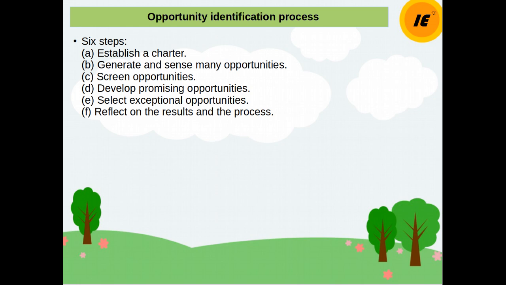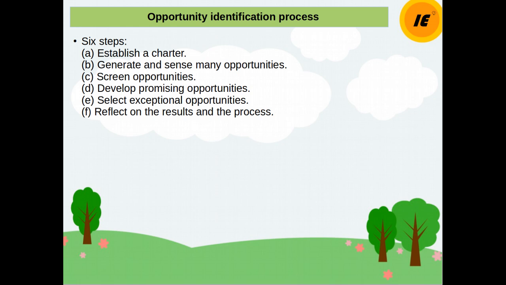There will be creative people who will have very interesting ideas, and those are always welcome, but not all people are creative in that particular sense. So the team can follow certain guidelines for opportunity identification.